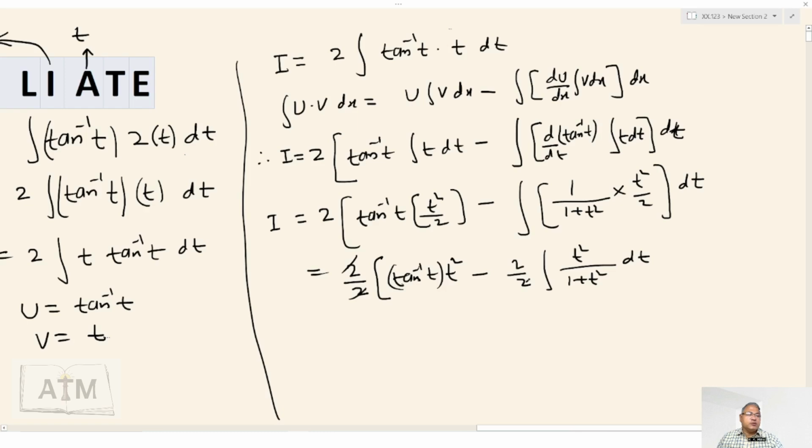This 2 gone, this 2 gone. Here we shall be adding and subtracting 1. So this is equals to t square into tan inverse t minus integration of t square plus 1 minus 1 upon 1 plus t square with respect to t.